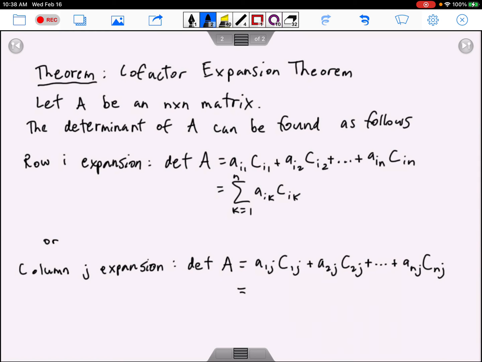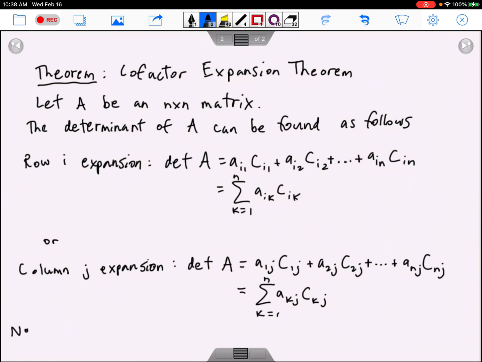And that's the same as the sum from k equals 1 to n of Akj Ckj. Okay.